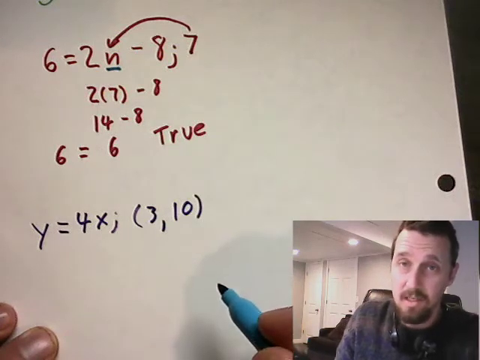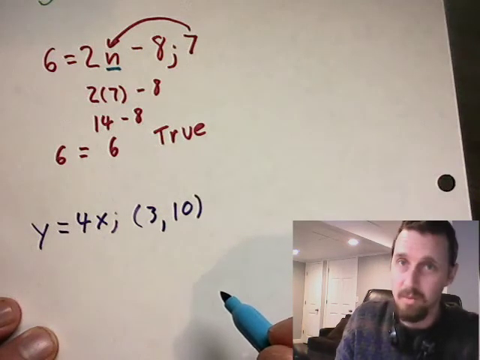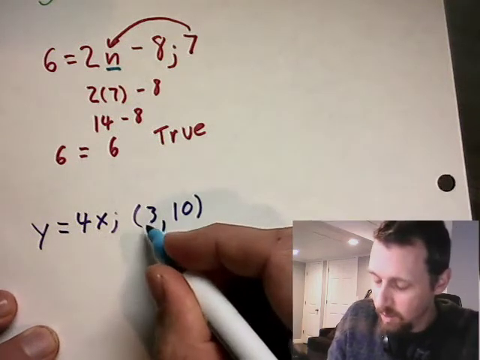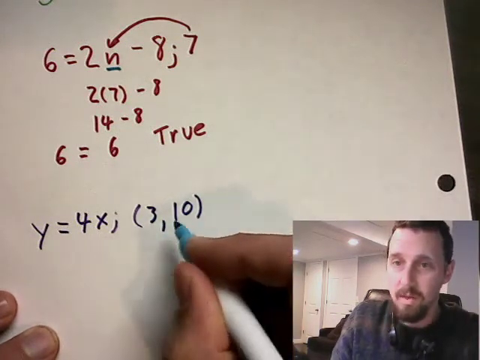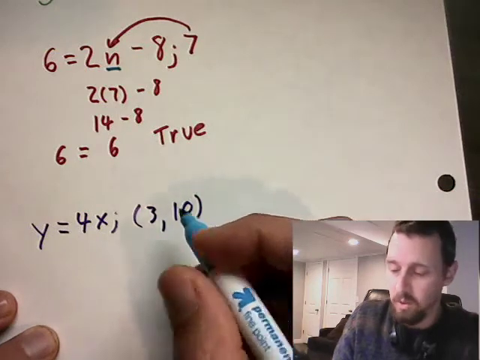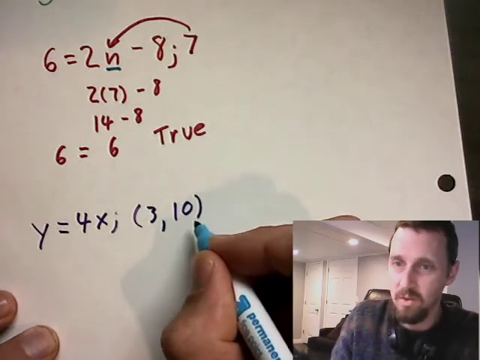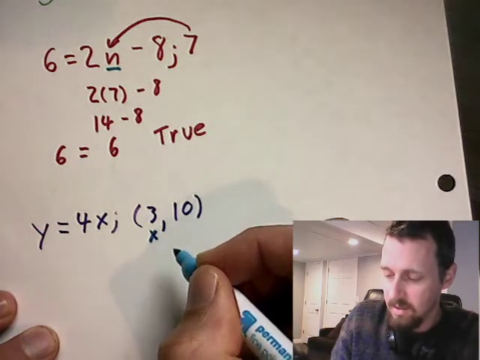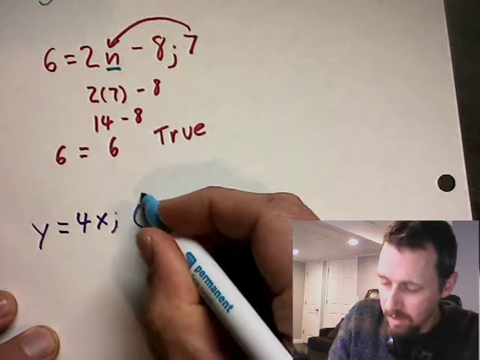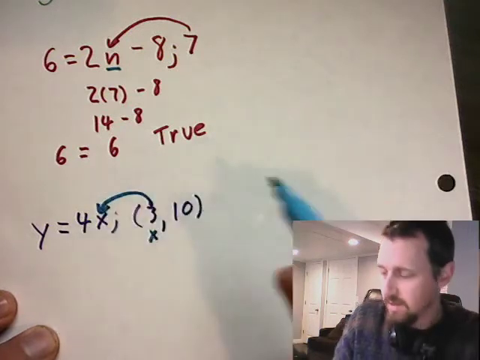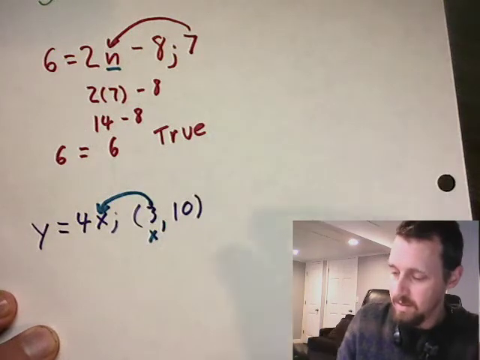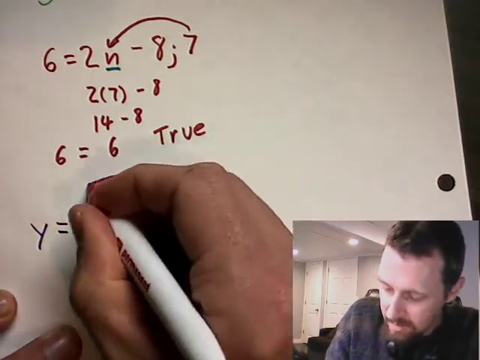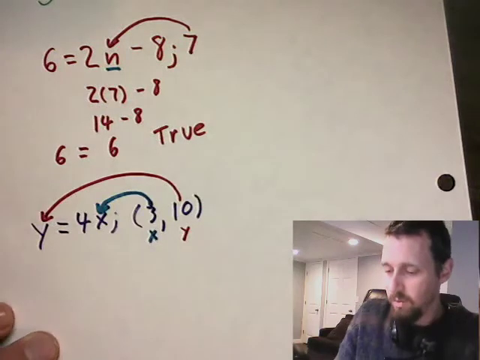There's a convention in mathematics, just something that we've all agreed to do the same way, and that is that when we write an ordered pair like this, we put it in a specific order. So two numbers like this is called an ordered pair, and the first number is always x. So I know my 3 is going to go in for the x, and the second number is always y. So my 10 is going to go in for the y.